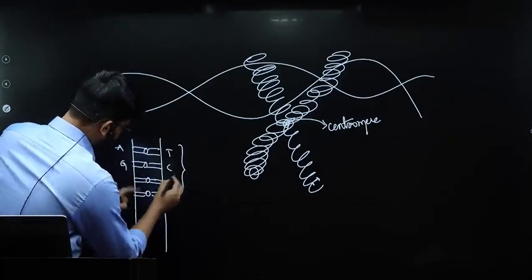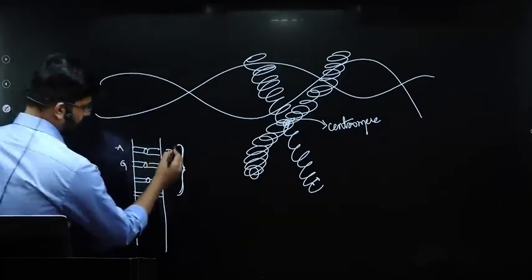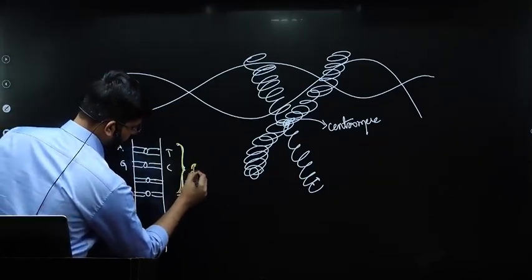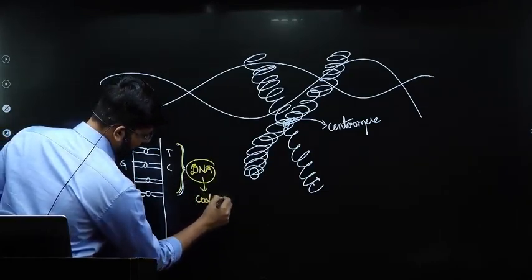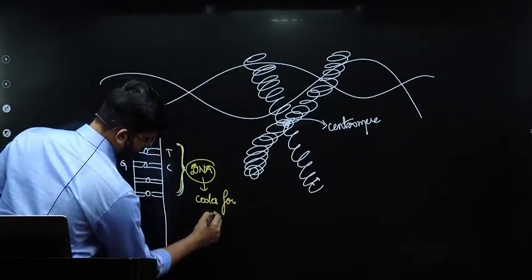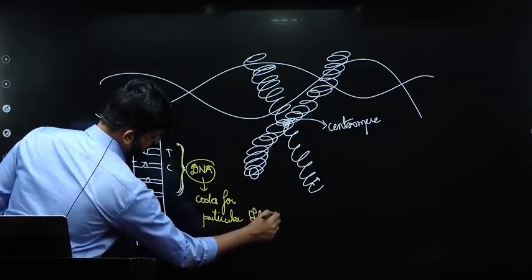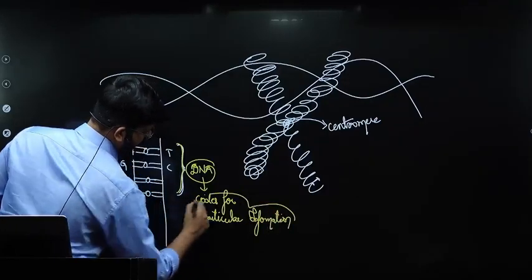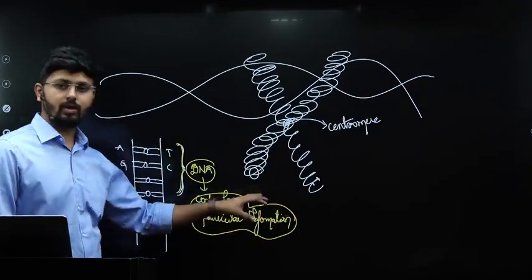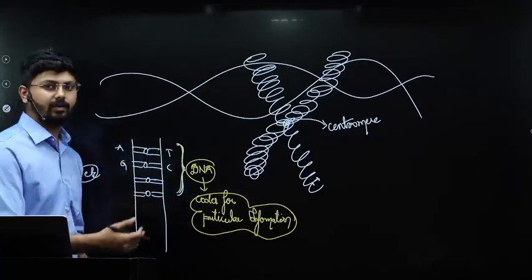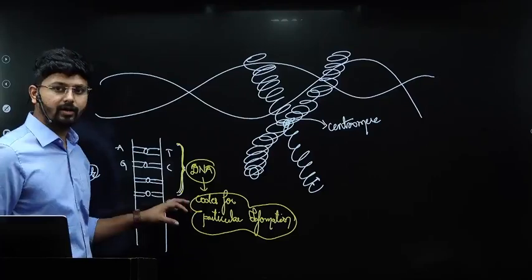And some part of the DNA codes for particular information, and this information is transmitted to the next generation. So we know that DNA is inherited, right? And this portion where it is getting coded is known as gene.